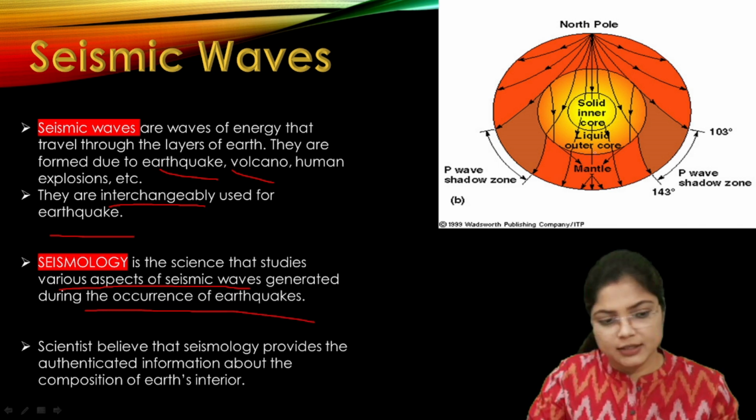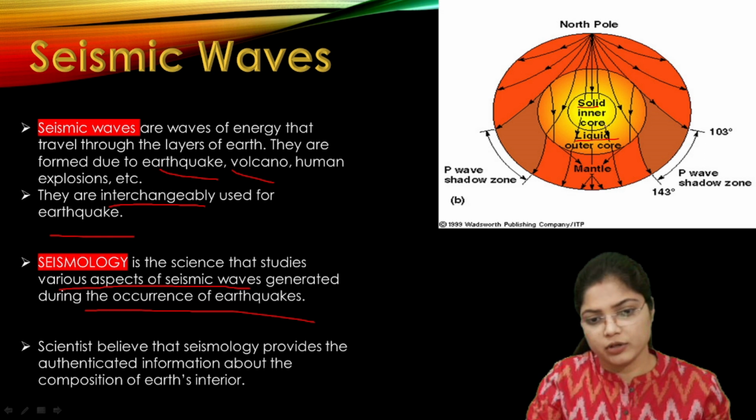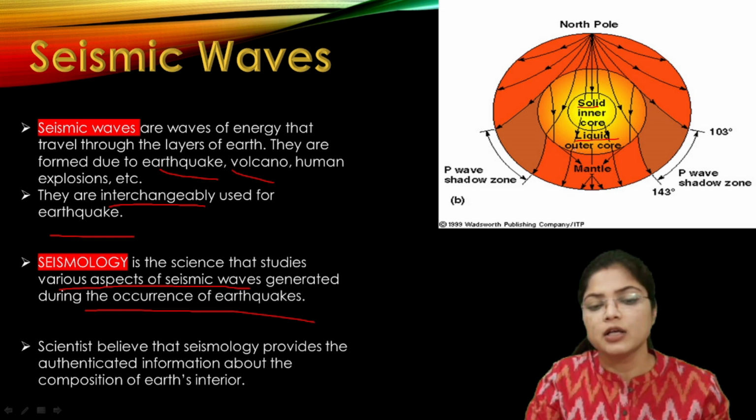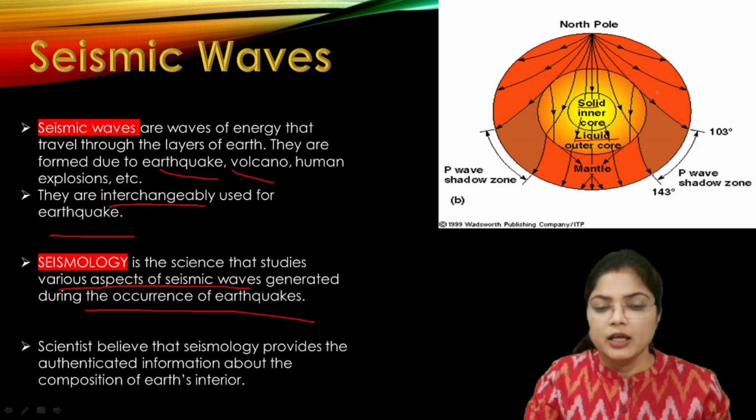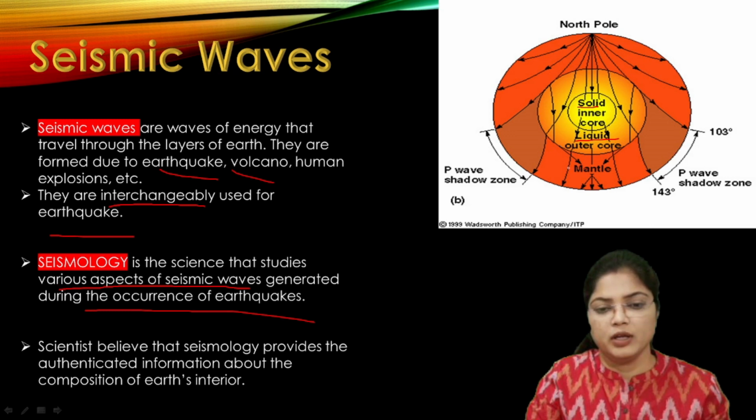So here you can see, this is our earth, this is the interior of the earth, this is solid inner core and this is liquid outer core. Here you can see we have different curves over here. Rays are getting refracted. There is nothing over here. So why is it so?